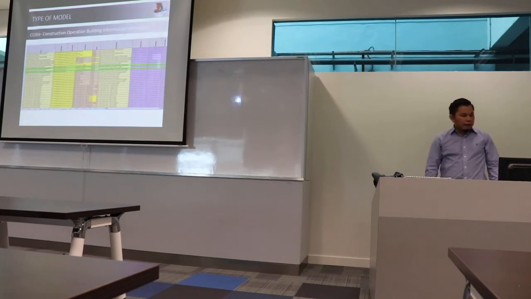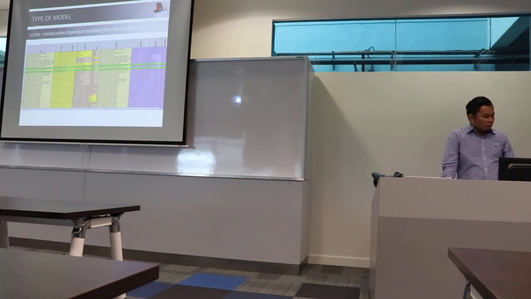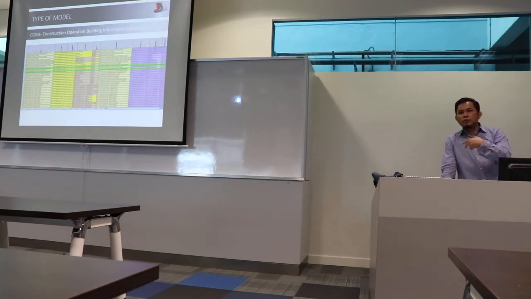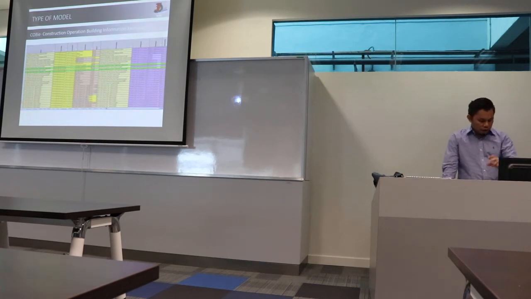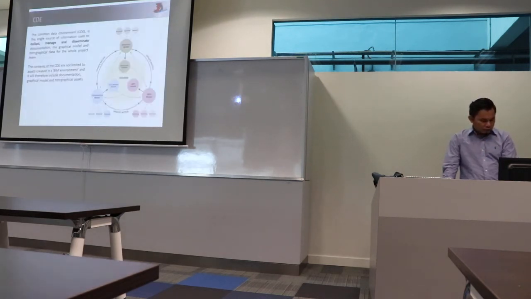If you want to send it for facility management, there is a platform called COBie, Construction Operation Building Information Exchange. It is a form you can follow to transfer your information from construction to FM. There is also incorporation of LiDAR data for construction.